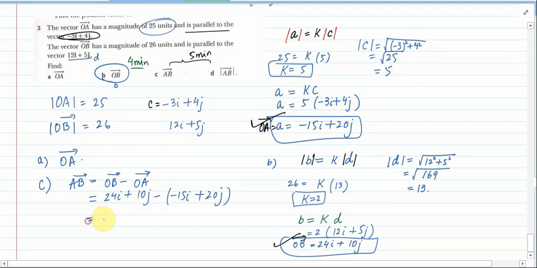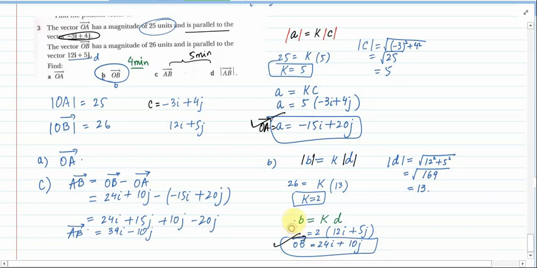Simplified, 24i plus 15i plus 10j minus 20j. So 24 plus 15 leads to 39i, and 10j minus 20j will be minus 10j. So that is your vector AB. I hope that all of you are getting the same answer.